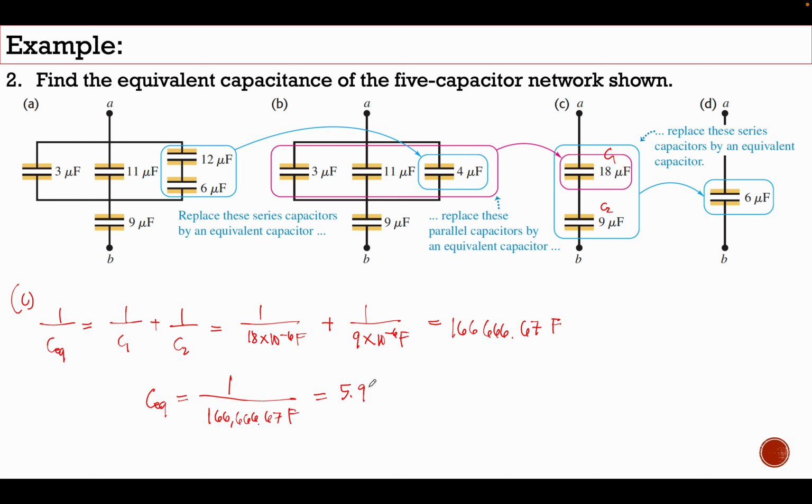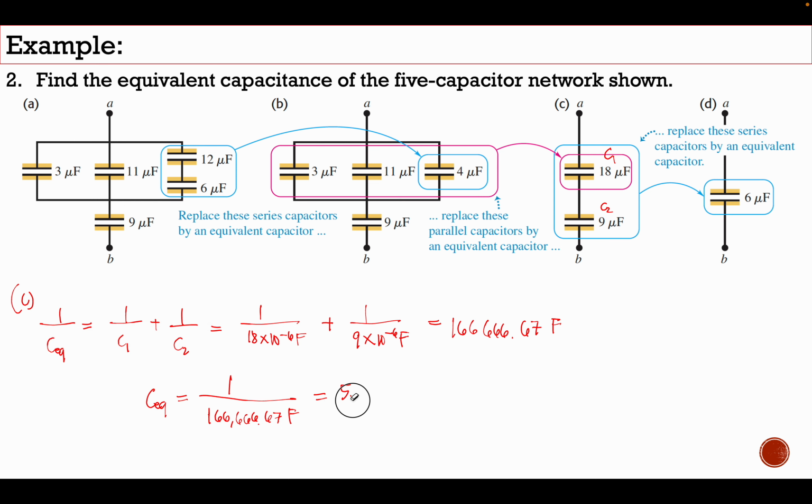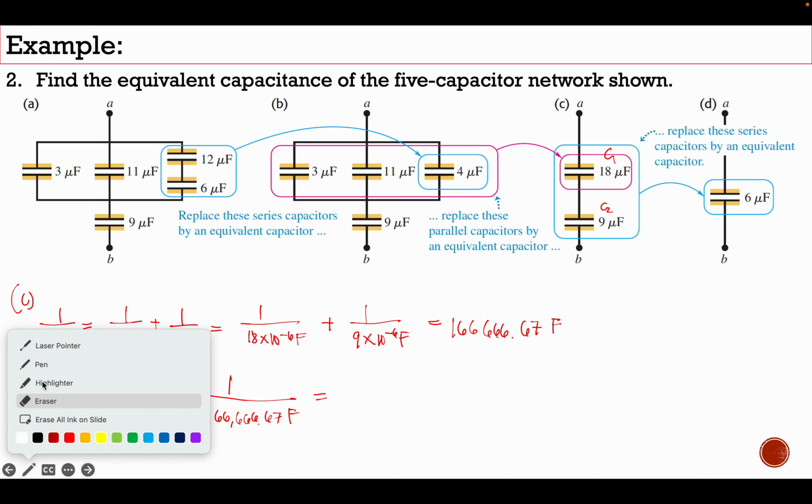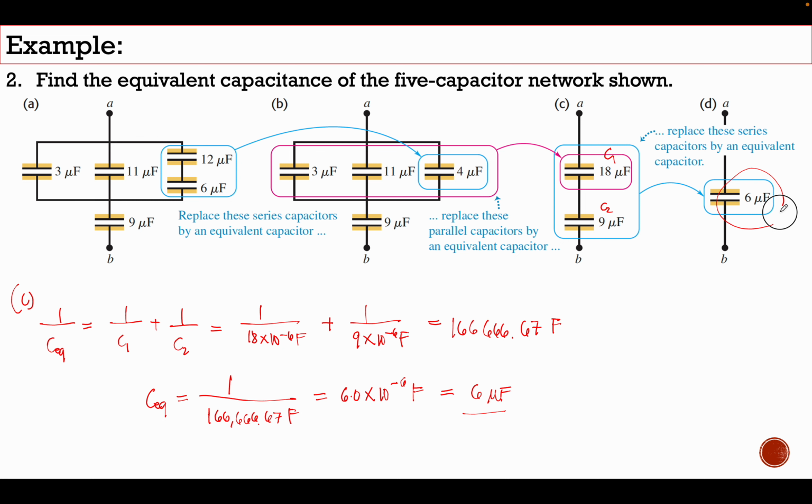So we have 5.9999998 times 10 to the power of negative 6, or we can also have it as 6 times 10 to the power of negative 6 farad, or 6 microfarad, which is here in letter D. So this is the equivalent capacitance of this 5 capacitor network.